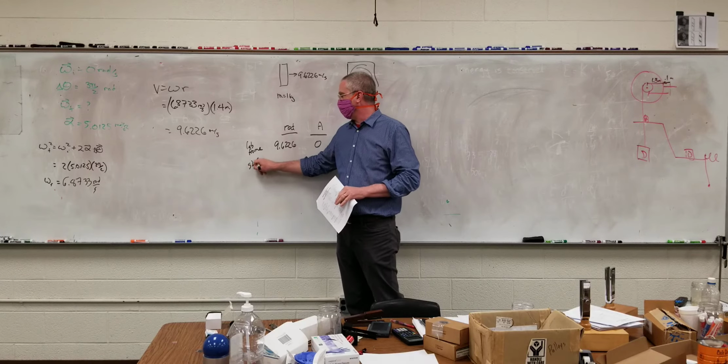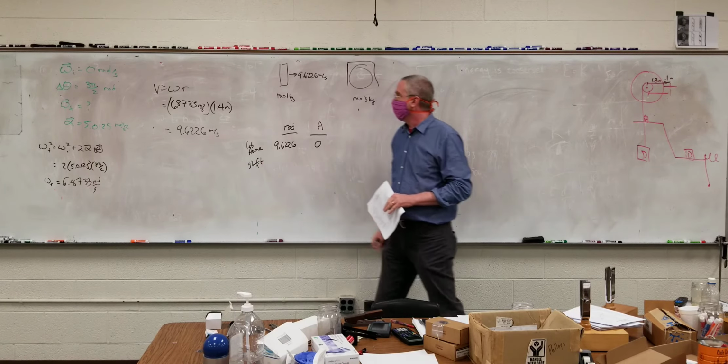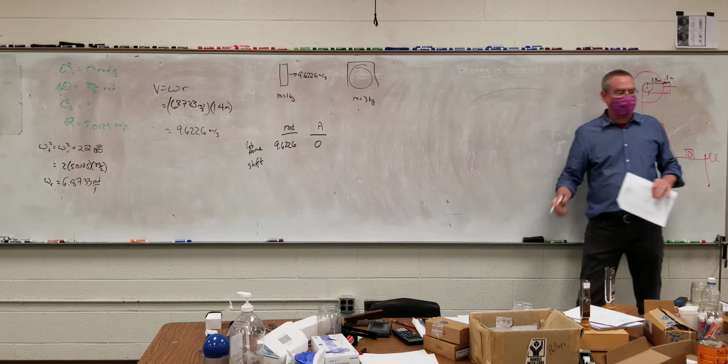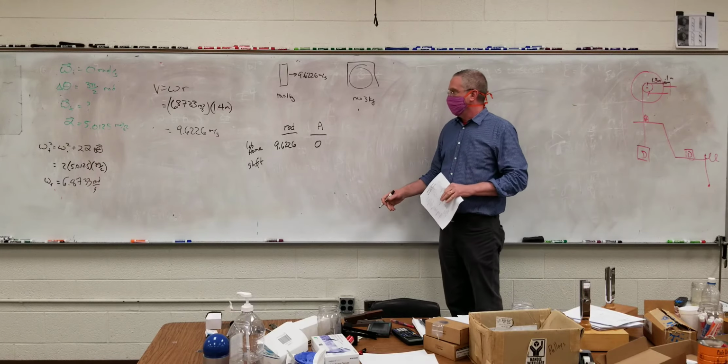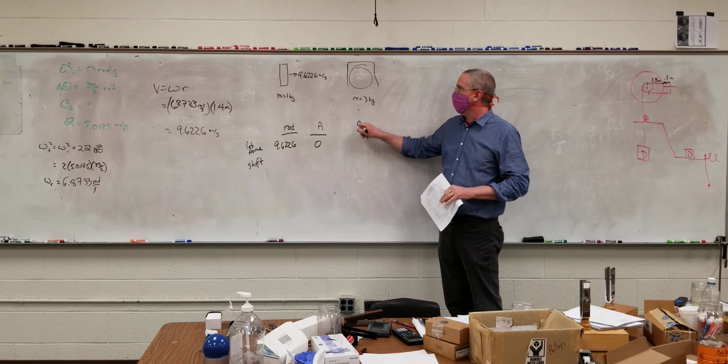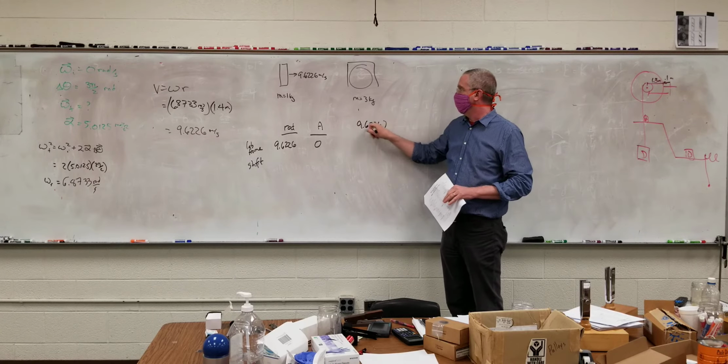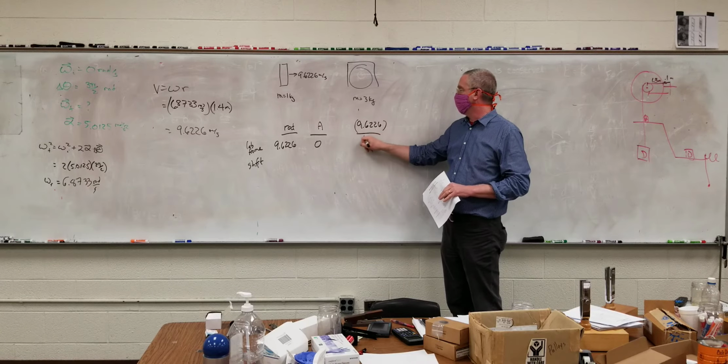And then we need to shift into the zero momentum frame. So I need to figure out what, if it were perfectly inelastic, would be the final momentum. Well, it's going to be 1 times that, divided by the total mass.